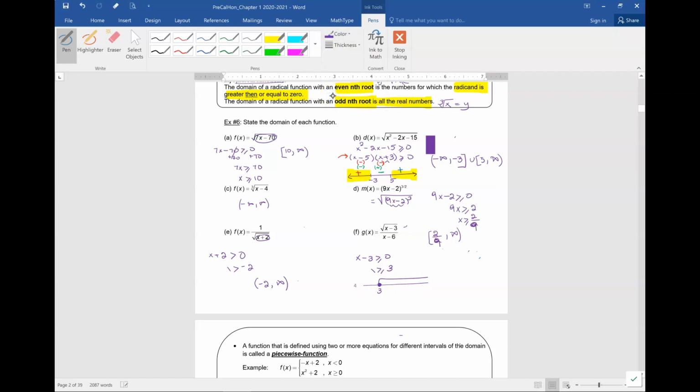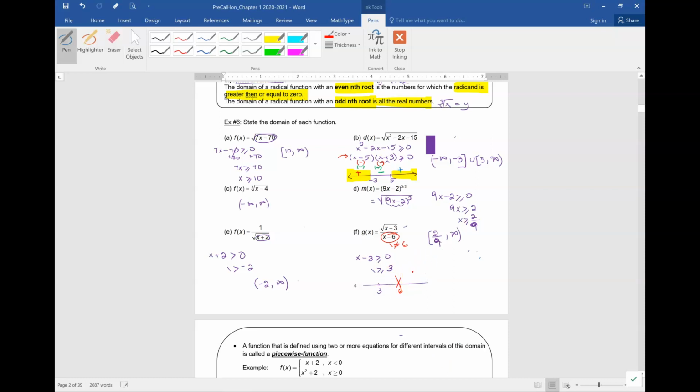But what is the denominator telling me? The denominator is telling me x cannot be 6 because it'll make the whole thing 0. Where is 6? 6 is here. x can't be 6.